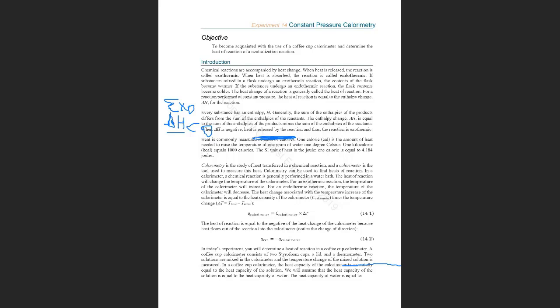These are basically the units that you are going to use. What else are they talking about here? Calorimetry, as we already said, is the study of the heat transfer in a chemical reaction. And the calorimeter is the device that we use in order to measure the heat.